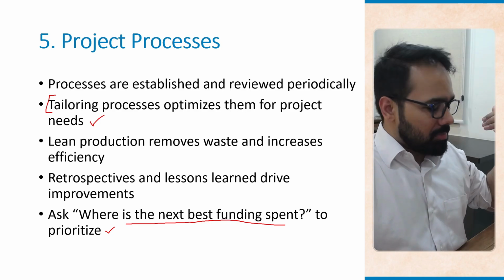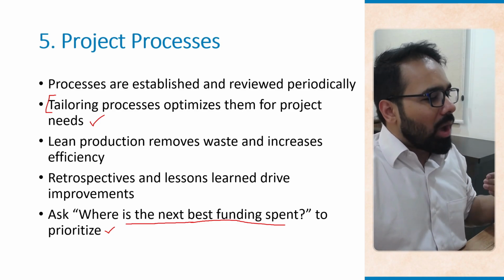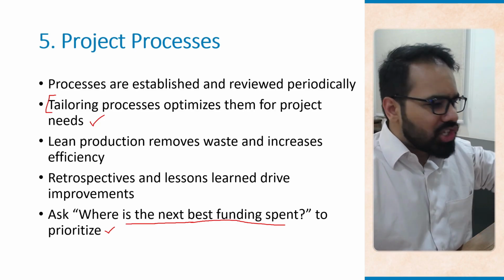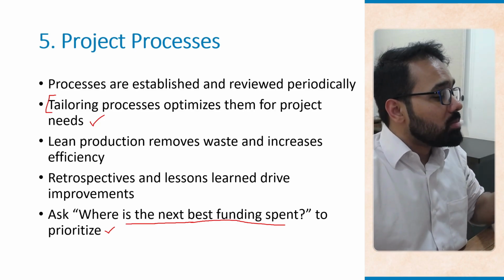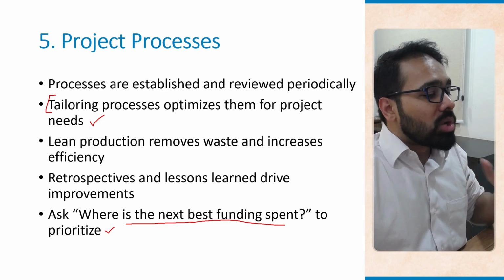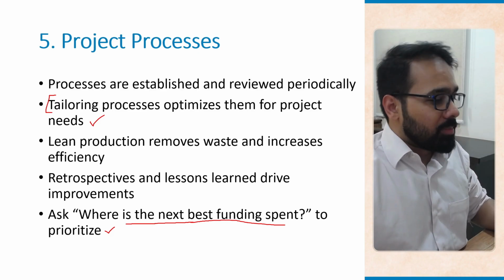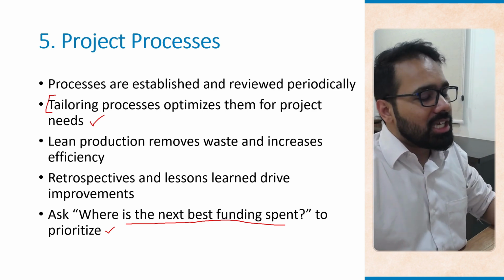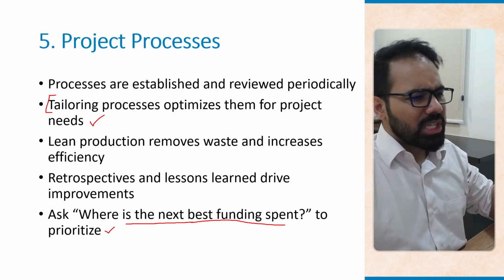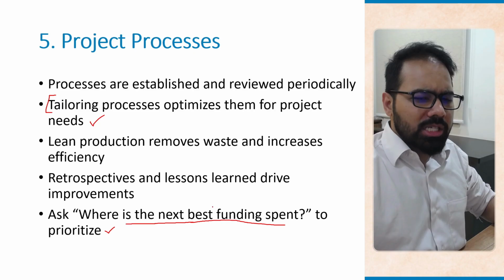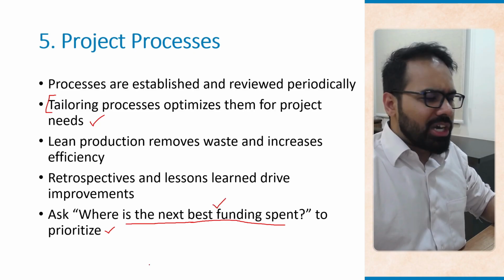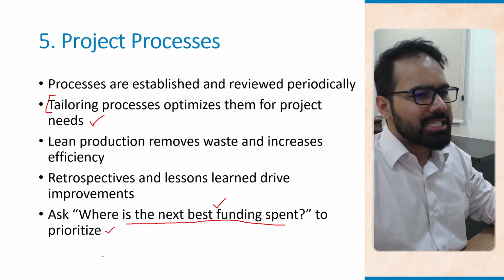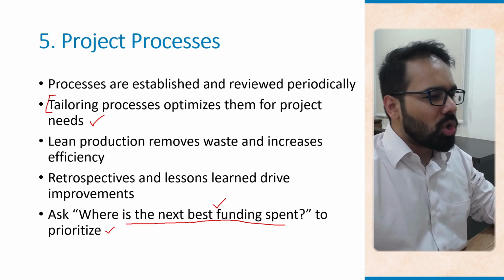As an example, if a PMO requires developers to categorize every hour of work into, let's say, rigid categories, this may consume significant time without adding real value to the project. That effort is best spent coding or testing the e-commerce website instead. So this is why it is important to ask where is the next best funding spent. Just because somebody is asking for some sort of compliance, is it the best use of your project team?